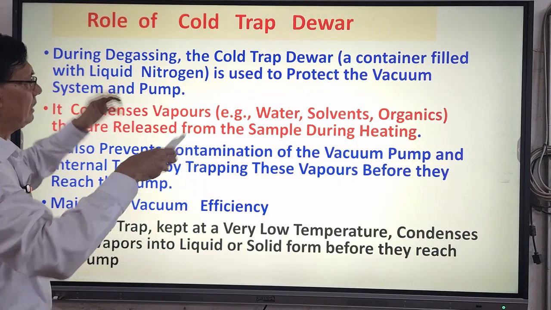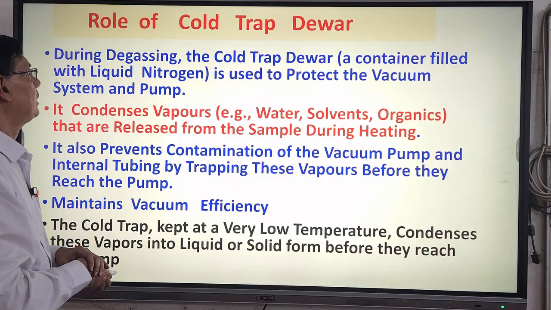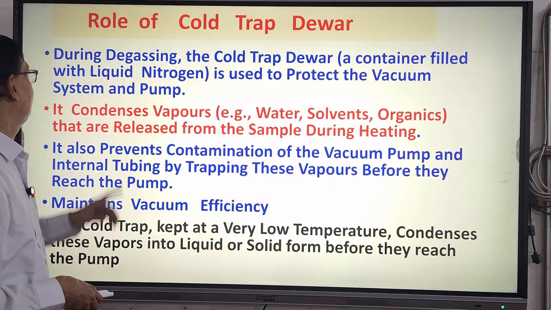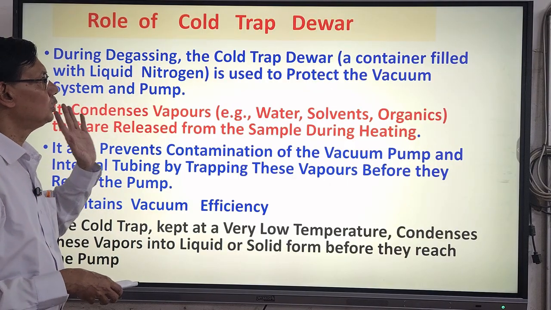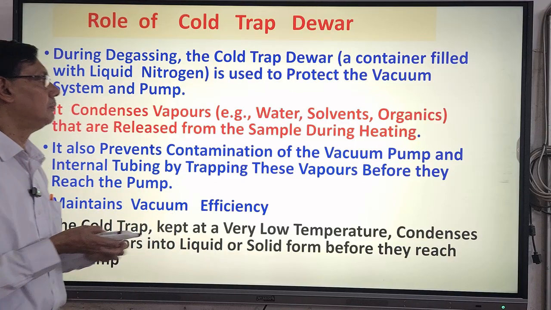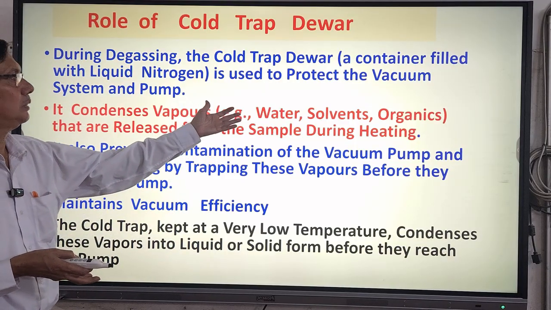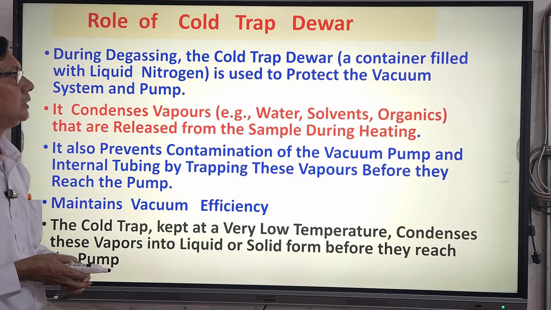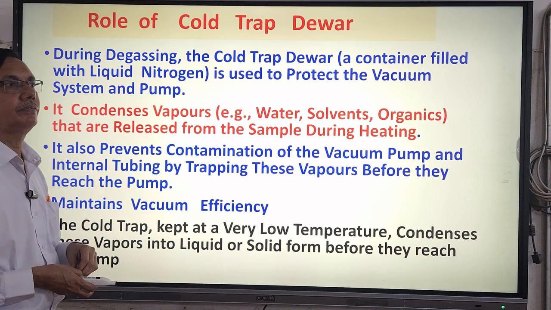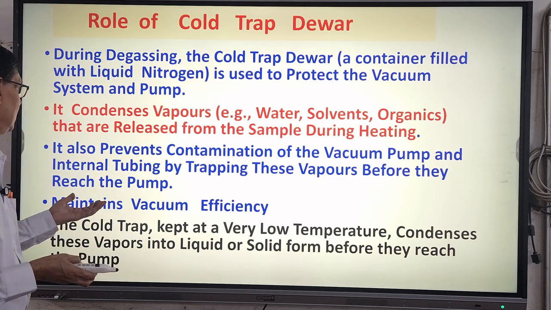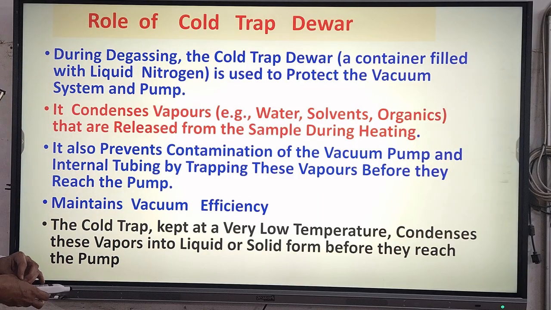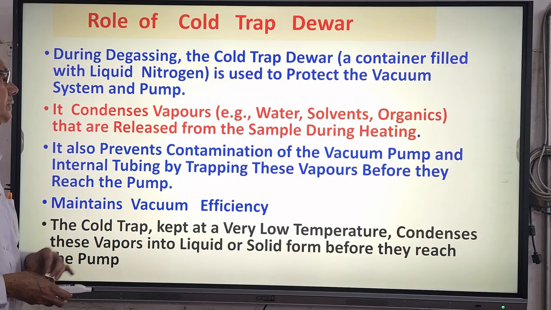Because when we apply very high temperature and vacuum during degassing, the cold trap Dewar, a container filled with liquid nitrogen, is used to protect the vacuum system and the pump. Because when we apply high temperature, there must be some evaporation of water or solvents or organics that are released from the sample during the heating. So it will prevent contamination of the vacuum pump and internal tubing by trapping these vapors.